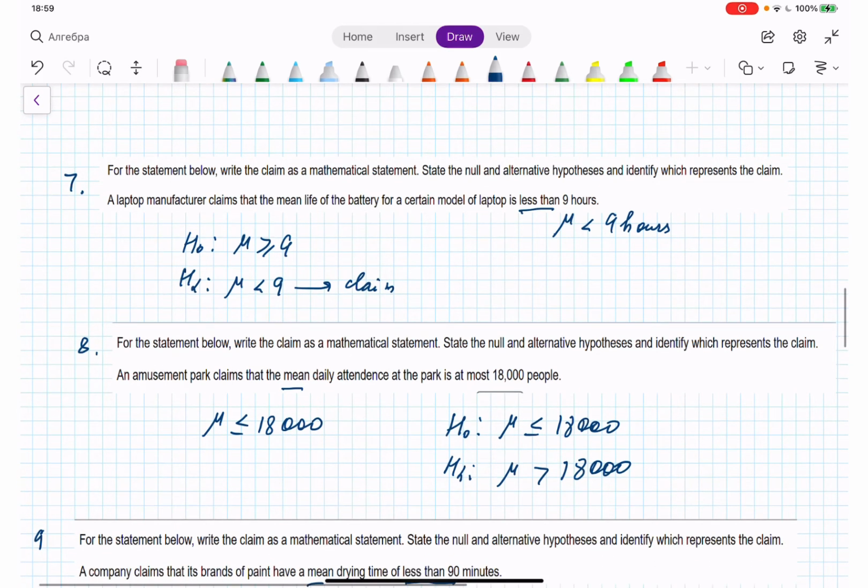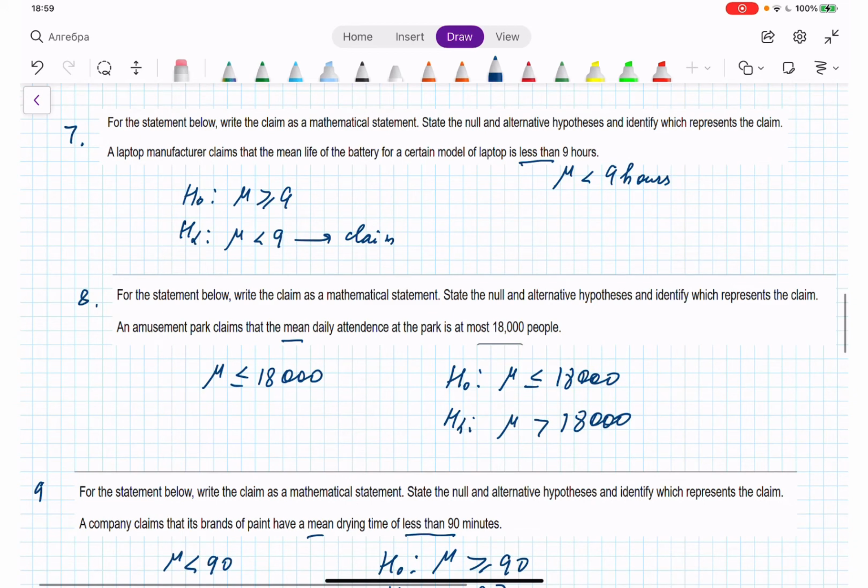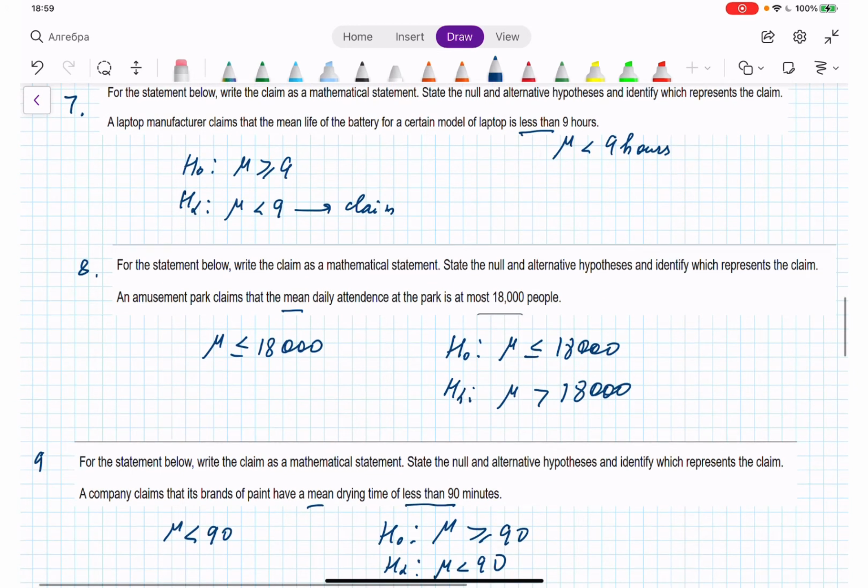Next, for number 8, let's finish that case also. What do we have? The claim here says at most $18,000. At most is the null hypothesis, which means this time the claim is the null hypothesis.